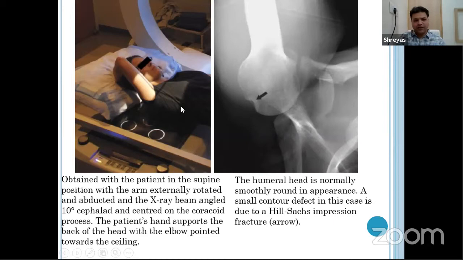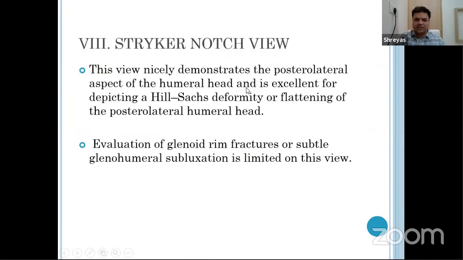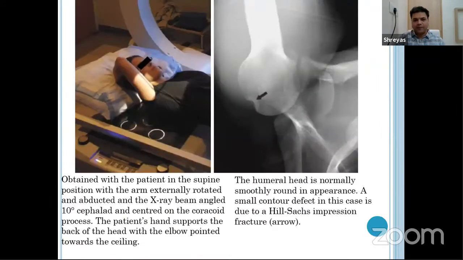The patient lies supine on the table with the head supported by the back of the hand and the elbow facing towards the ceiling, and the X-ray beam is focused over the glenohumeral joint, angulated 10 degrees cranially. In this X-ray, the Hill-Sachs deformity can be visualized very clearly. So the Stryker notch view was developed to detect the Hill-Sachs deformity very clearly.